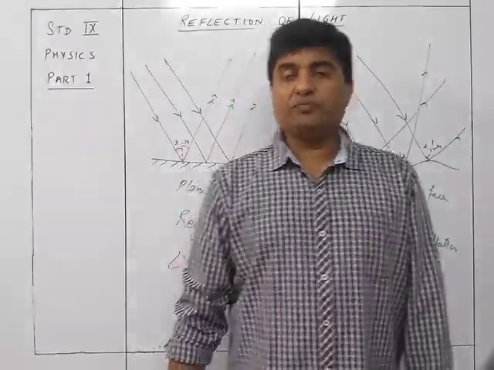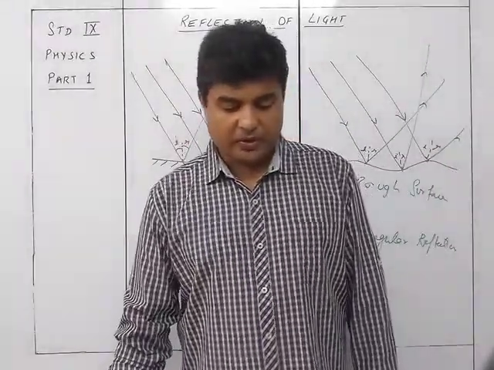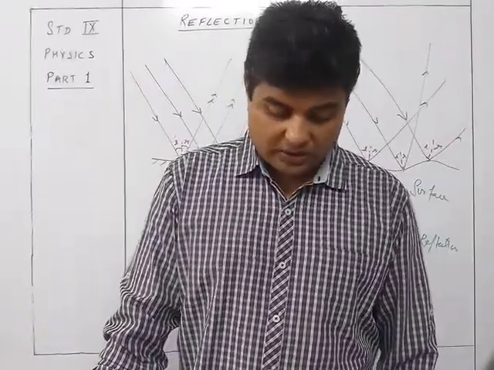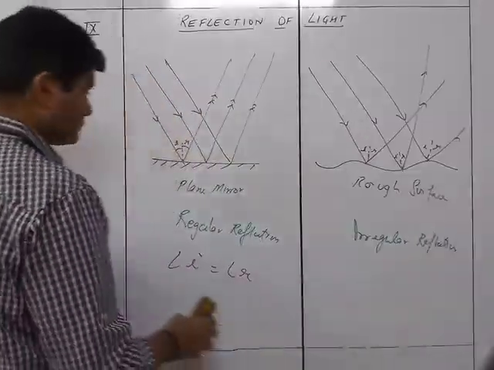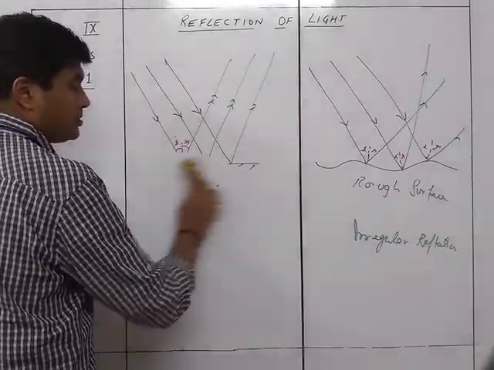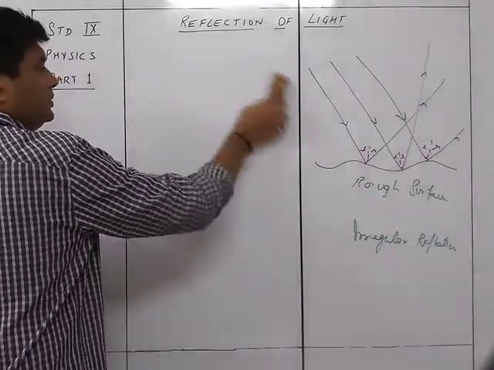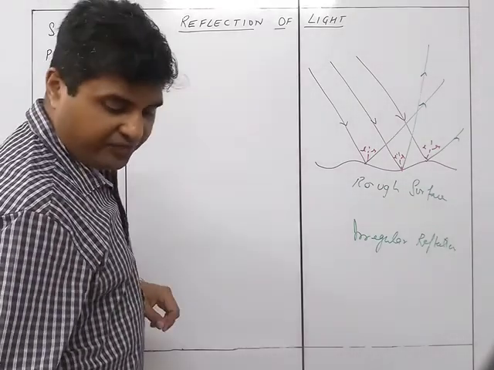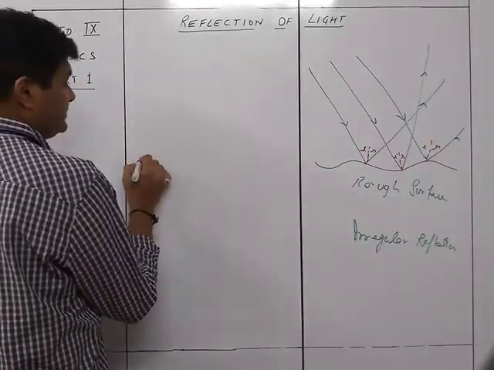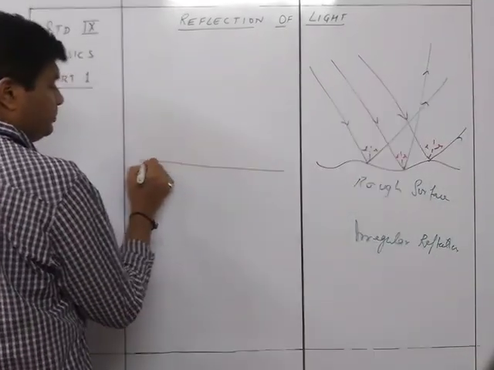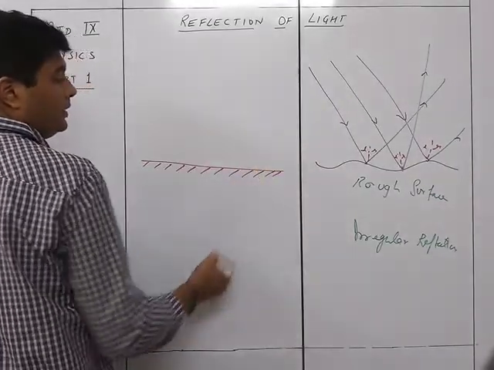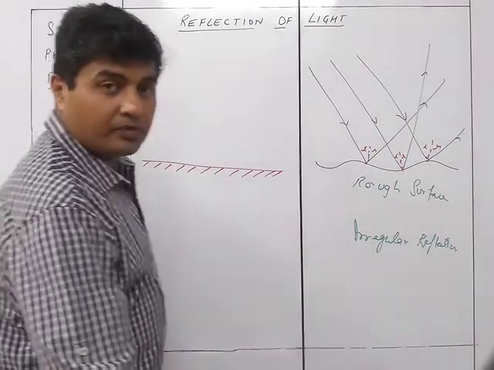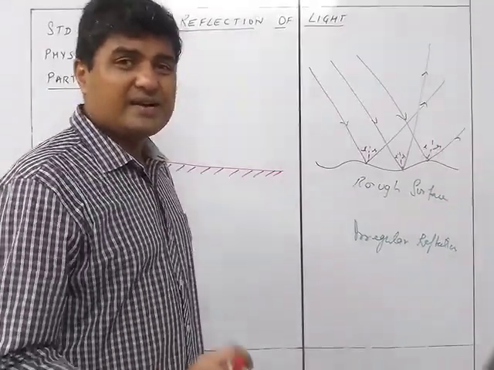Now we see some very important terms which are used in reflection. Let's do them one by one. If I draw a figure first, this is your plane mirror. Firstly, we see the incident ray.